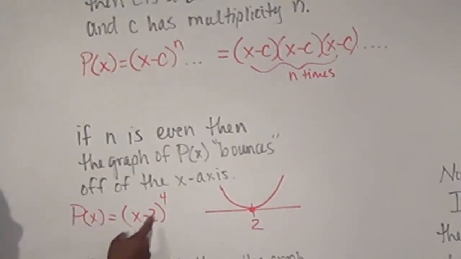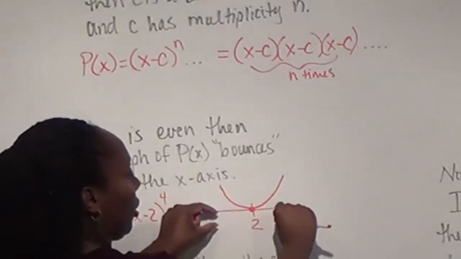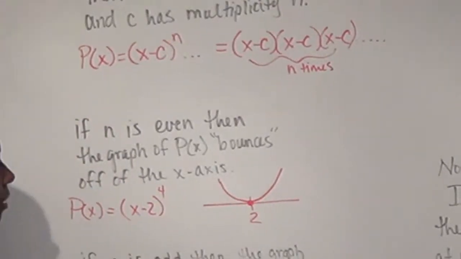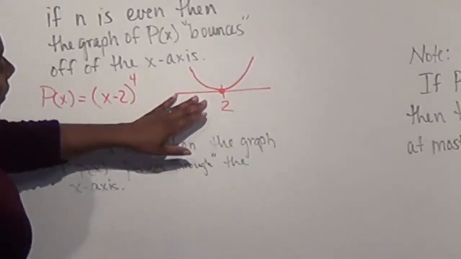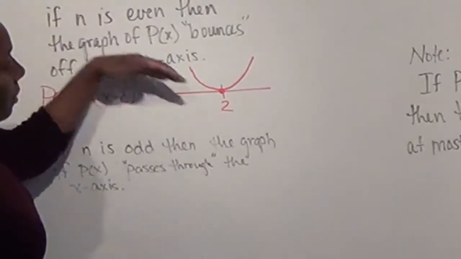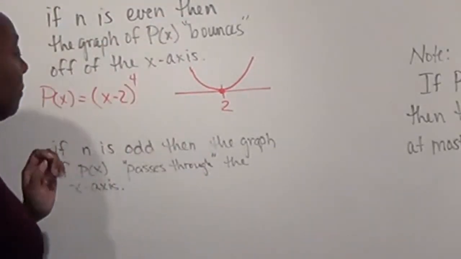It doesn't matter how big that even number is. All that's going to do is change how flat it makes the graph, if you remember from our transformations. But in general, it's not going to actually pass through the axis at that point. It just gets there and goes back off.